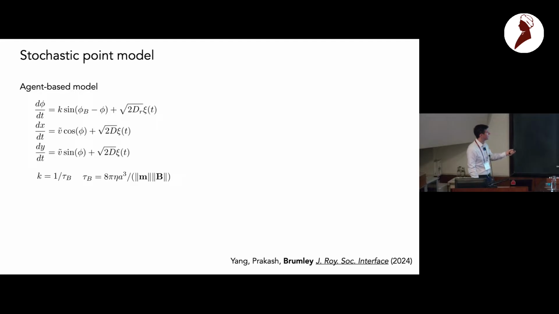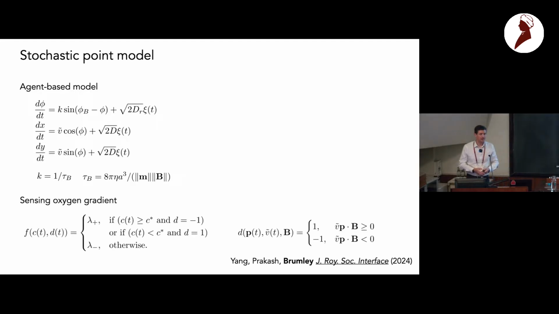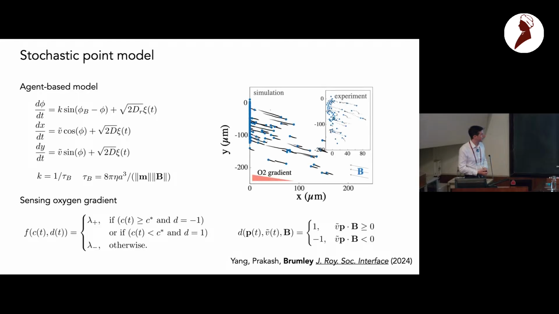So one of the key parameters here, K, is the relaxation timescale of the microswimmer, basically the balance between the viscous torques and the magnetic torques. And we put in a simplified model for oxygen sensing. So they can stochastically change direction based on whether or not they detect that the oxygen concentration is favourable or not.